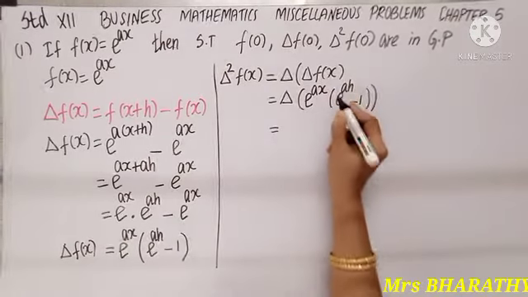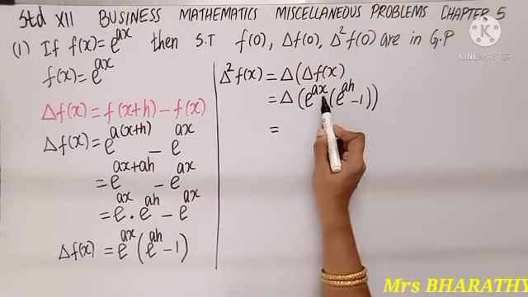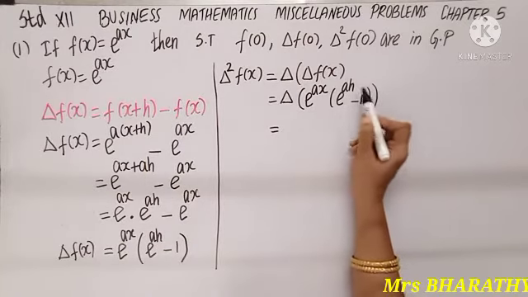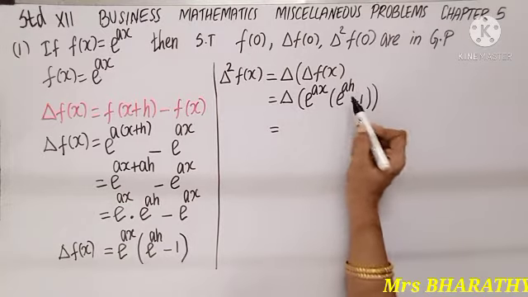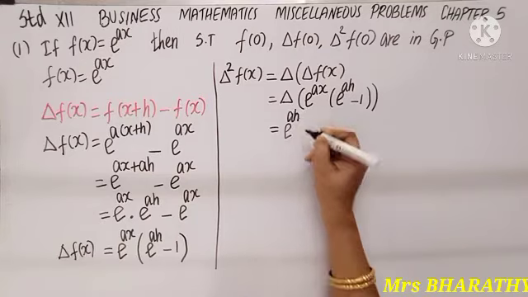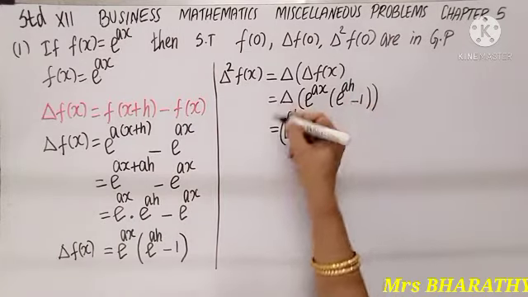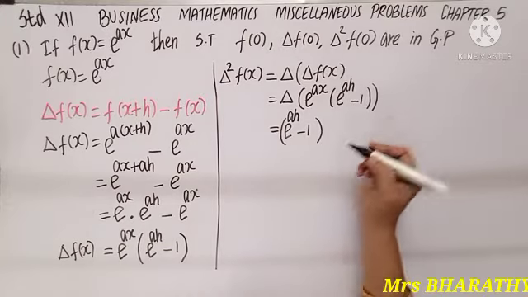When I apply del, I need to add h with x only. This is a constant term, no x at all, so I can keep it out. E power ah minus 1 is free of del, keep it out because it is just a constant.